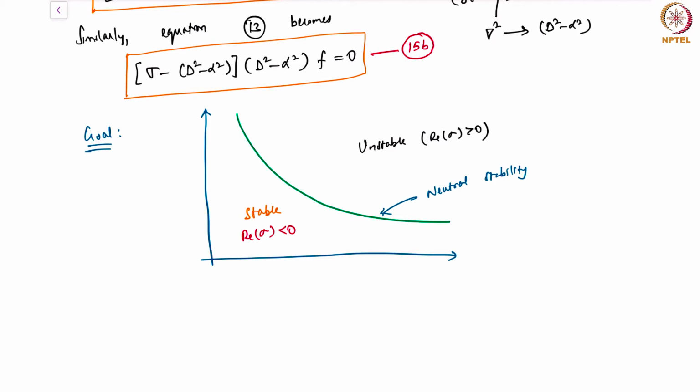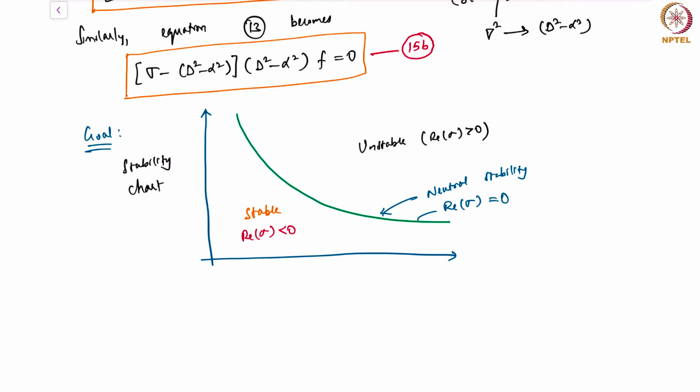And neutral stability means that the real part of sigma is equal to 0. Now I have specifically not shown the axes. I have not said what these x and y axes are in the stability chart. But the goal is to get some kind of a stability chart like this.